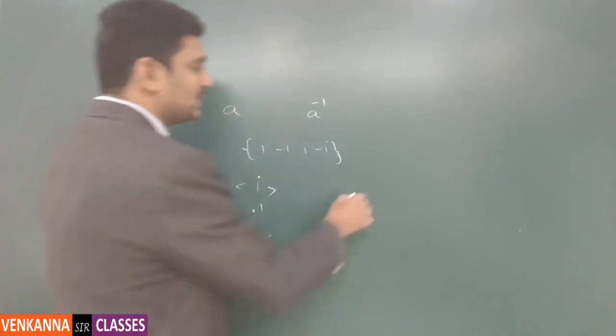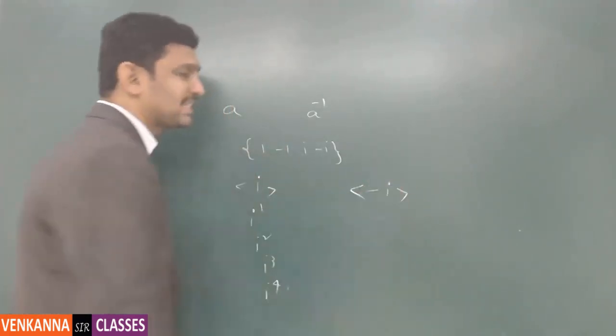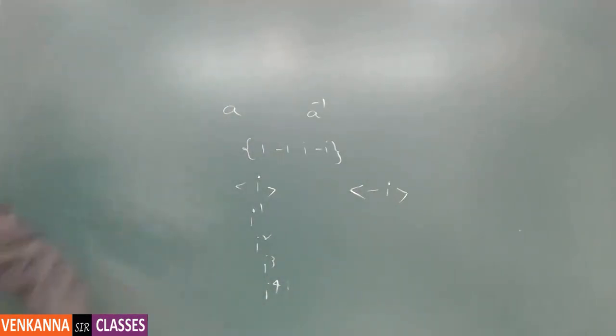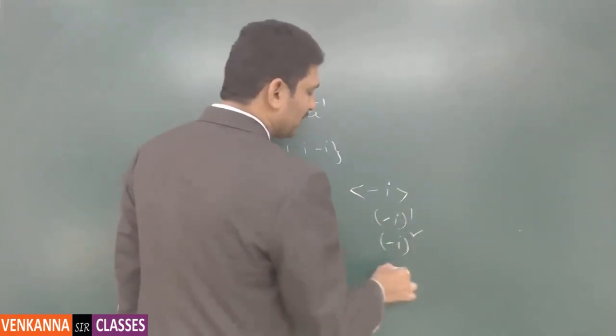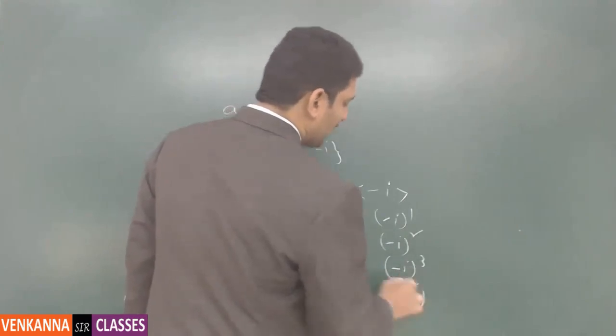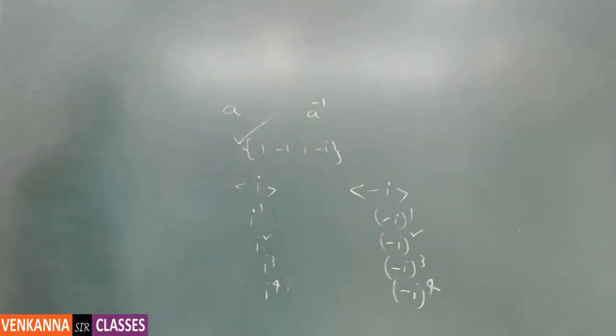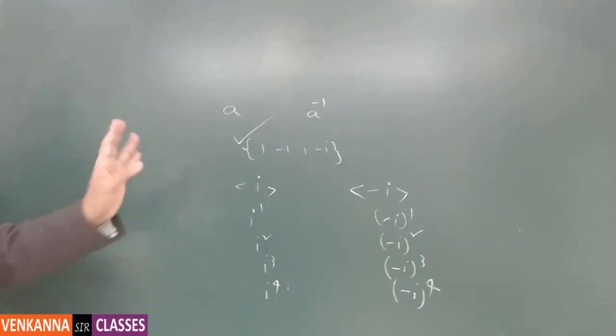Minus I. So the same set is generated by minus I also. You can calculate minus I whole power 1, minus I whole square, minus I whole cube, minus I whole power 4. The same set will come. Please check. Check on yourself and confirm the answer. So if A is the generator, then A inverse is the other generator. Is it clear to all?